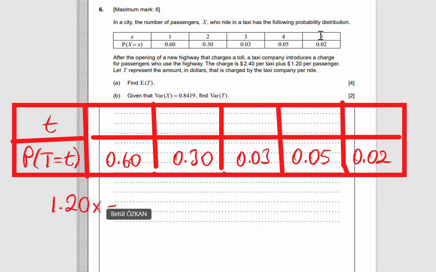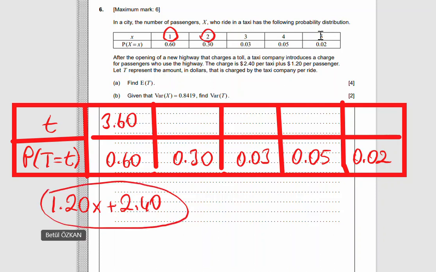On top of it, instead of writing the number of passengers, I'll just write their equation, which represents 1.20x plus 2.40. For the first part, I'll put 1 instead of x, which will be equal to 3.60. I'll put 2 instead of x right now. When I apply this equation, the total will be equal to 4.80. Like you see here, for each part I'm just adding 1.20.